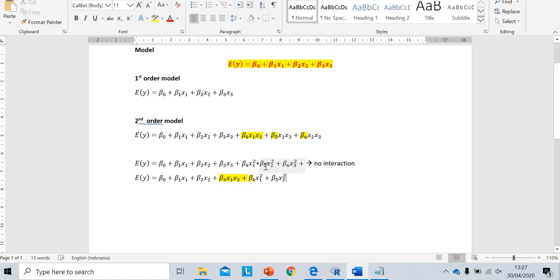So this is a second order model. All the quadratic terms for each of the variables are included, but with no interaction.